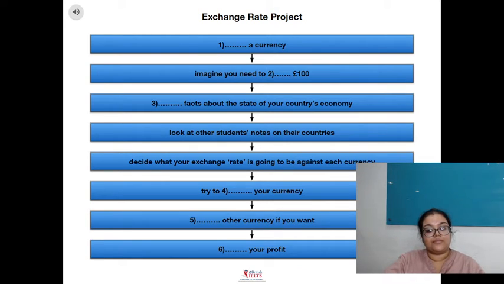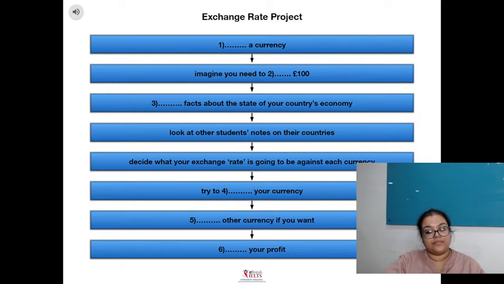After that is all sorted, what you're going to do is go round the other students and attempt to sell your money to the others. Remember, this will depend on the success of your country's economy and the rate you fixed for your currency. Now, you're not allowed to just swap currencies with each other, but you may wish to buy from the other countries.